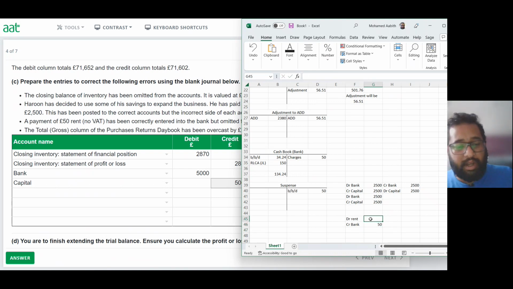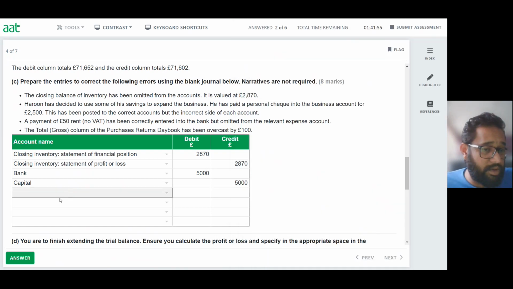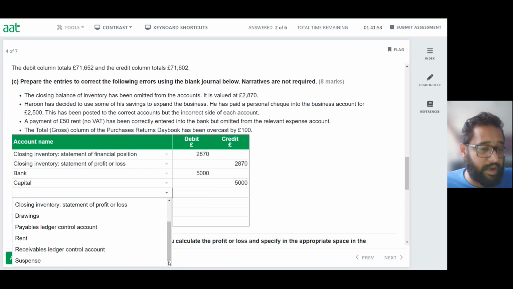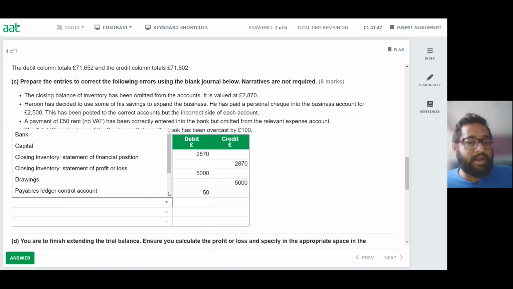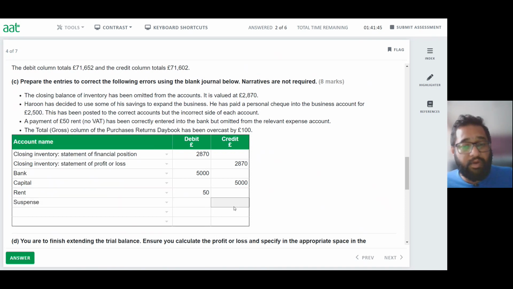And for this one, nothing was entered. So to correct the error, we need to enter that debit on the rent account. So we go here, look for rent, and put £50 there. And the credit entry will go into the suspense account with the £50.